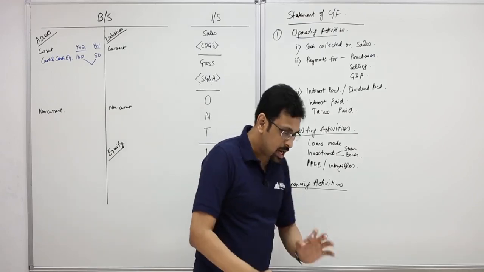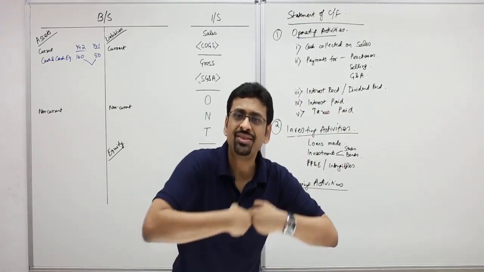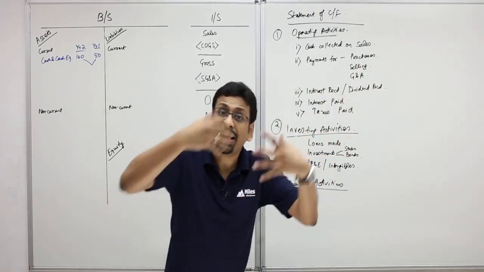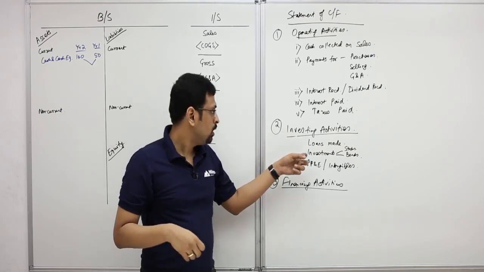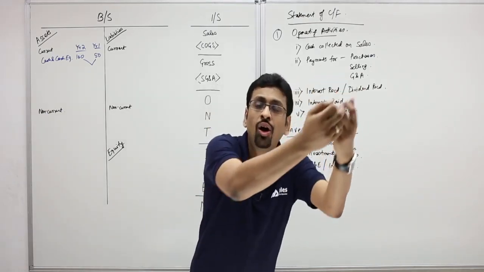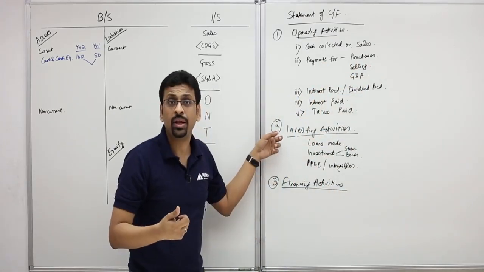So guys, understand here, investing in others, when you give out loans to others, that's a cash outflow. But when you collect back those loans, that's a cash inflow from investing. When you invest in stocks and bonds of others, that's a cash outflow from investing activities.